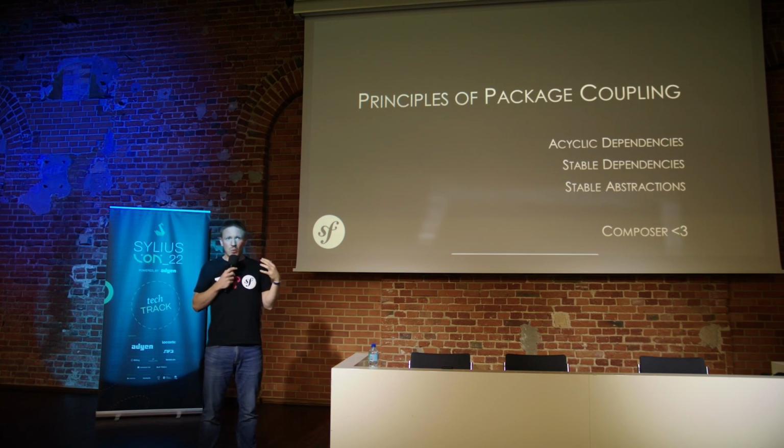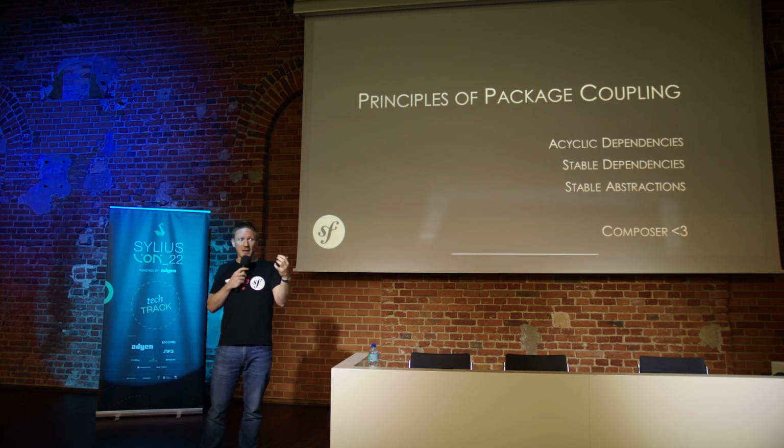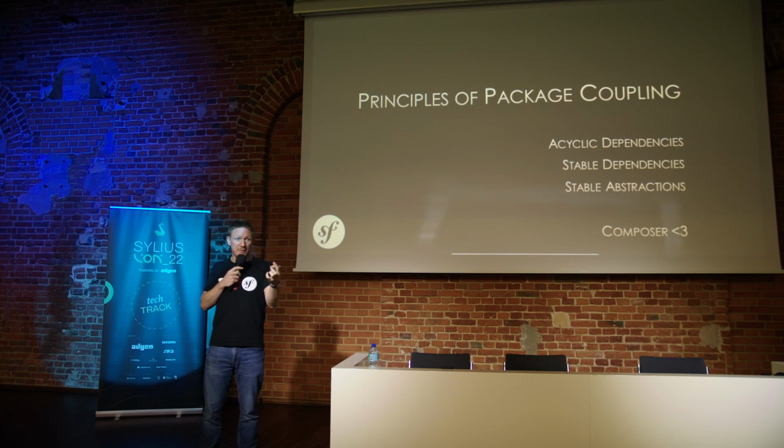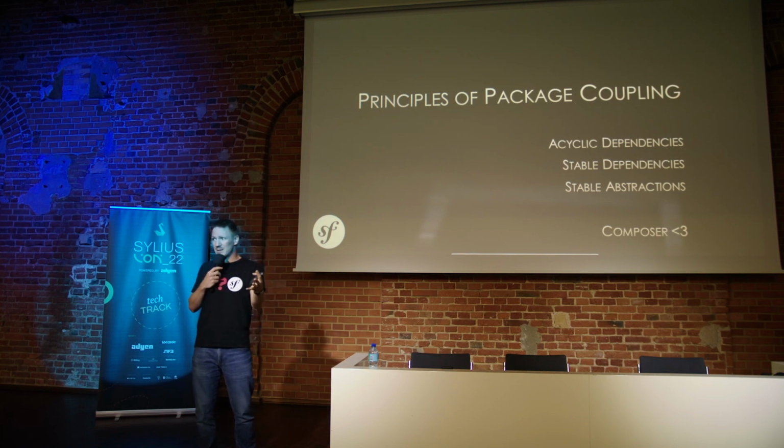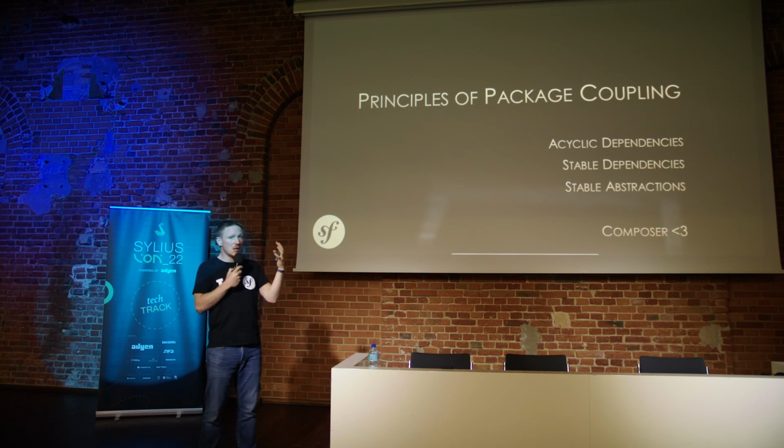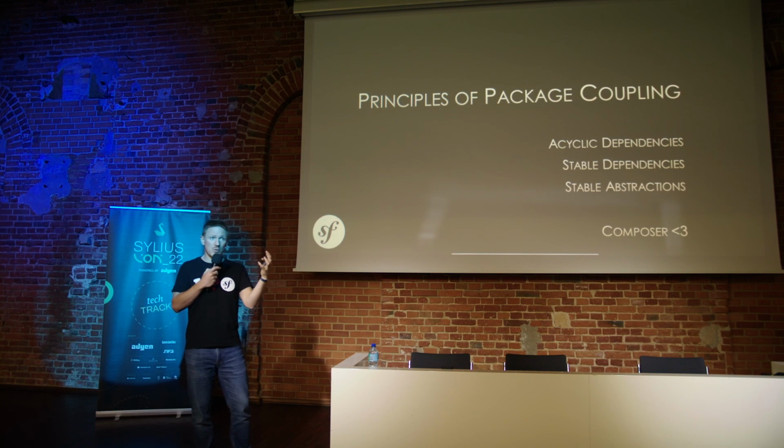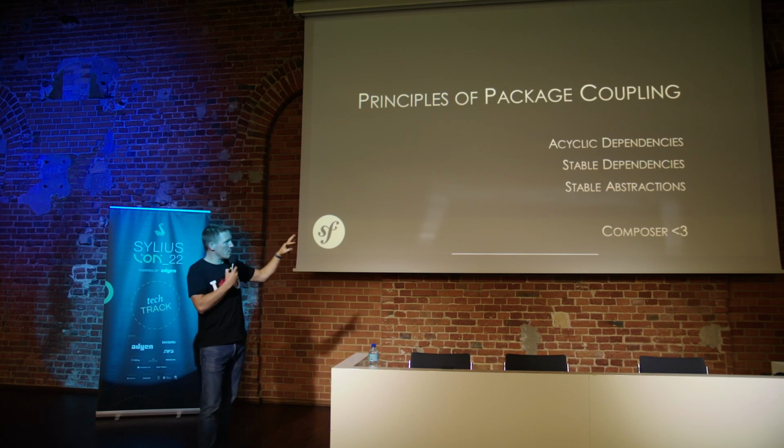And we are fine with this dependency because when we send a pull request to them, they merge it quite fast. And then they do a release quite fast. So it means we are able to make this dependency stable, and we are able to make it at least as stable as the validator component. So this is the stable dependency principle.